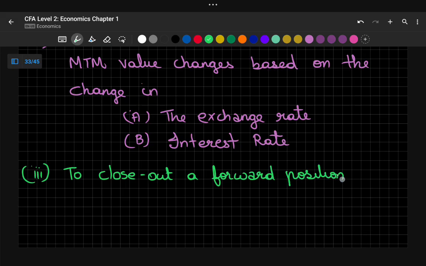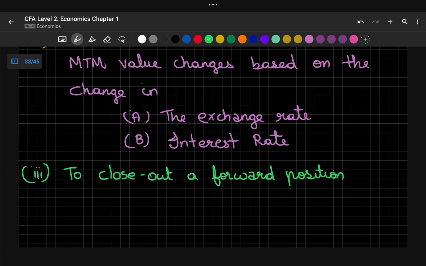To close out a forward position, we have to enter an opposite contract. So if you have entered a 6-month long forward contract, to close out the position, you will have to enter a short forward contract with the same maturity.